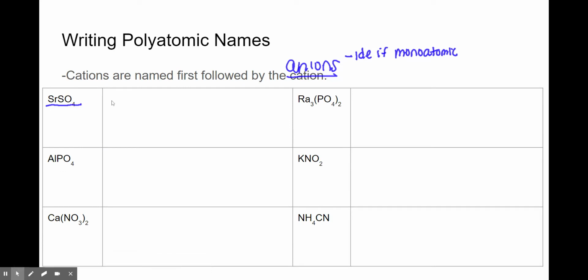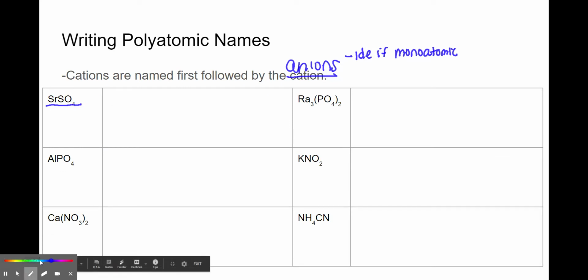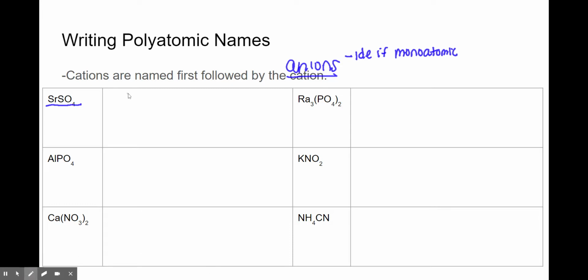So what's the Sr part? Sr on the periodic table is strontium. And then I just list the name of the polyatomic ion, sulfate.